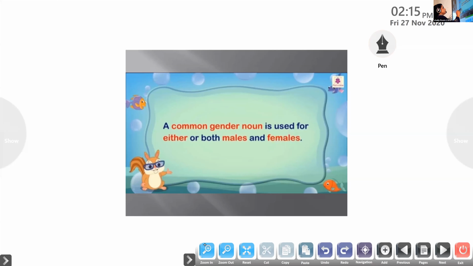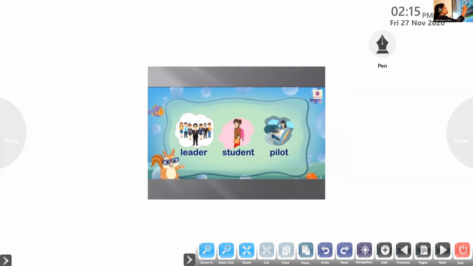Now we'll move on to the common gender. Common gender is used for both male and female. Is that clear? Student is a common gender. Leader is a common gender. Pilot is a common gender. Doctor is a common gender. We are not mentioning whether it's a male or a female.